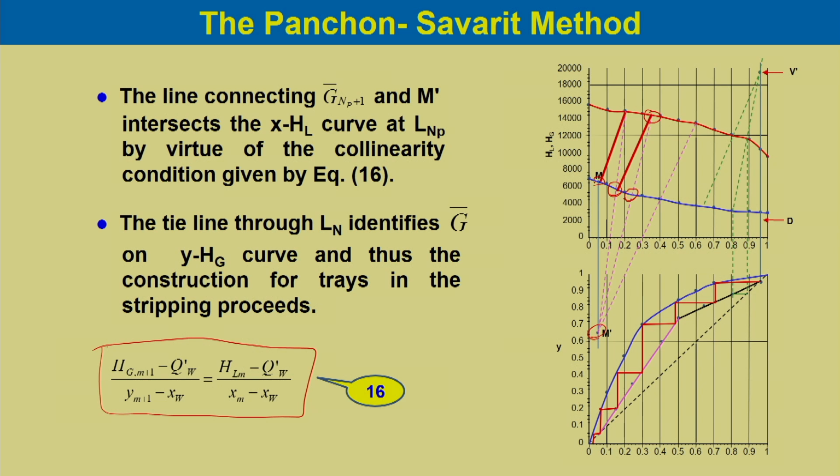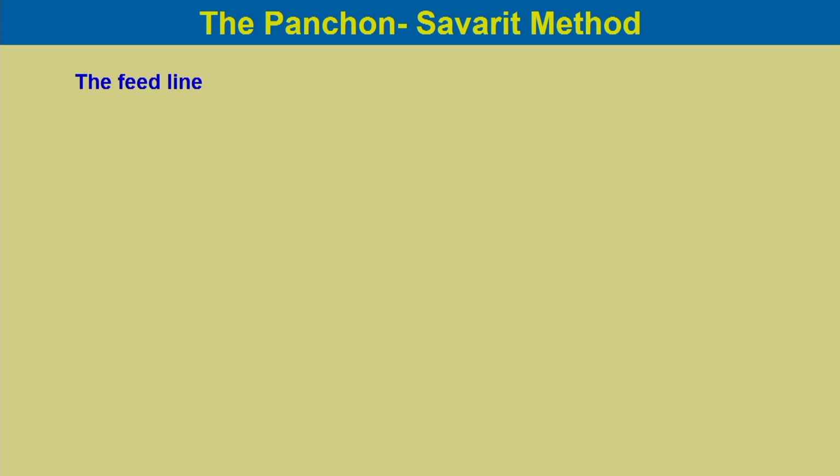As you move from the reboiler, you will move to the next tray, that is from bottom to the upper tray. So, it will proceed to G NP plus 1 to G NP and then G NP minus 1 and so on. Similar to the procedure we followed for the rectifying section, we can do the similar approach for the stripping section as well.